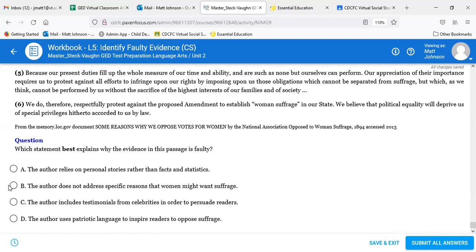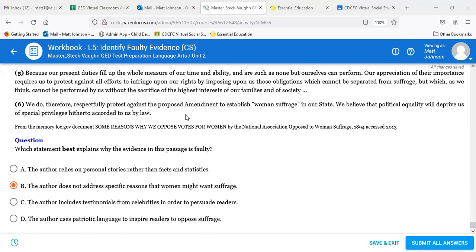The author doesn't really address specific reasons. Right, so this is one of those one-sided arguments that we mentioned, or not addressing the argument of the other side. So a lot of the argument there was like, well, if we're citizens, if we're equal citizens, then we deserve the right to vote, which has already been established by the Constitution. So there's no discussion of that here.